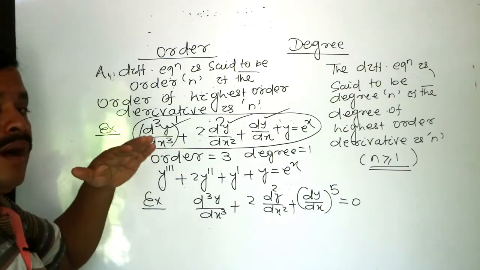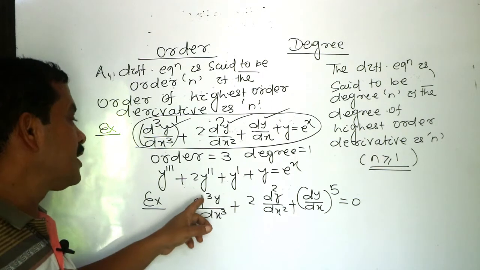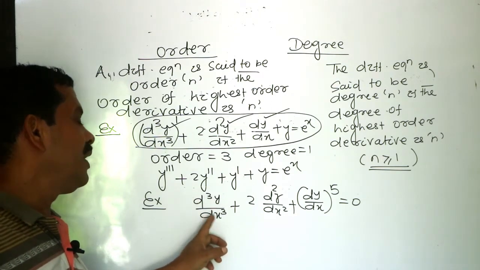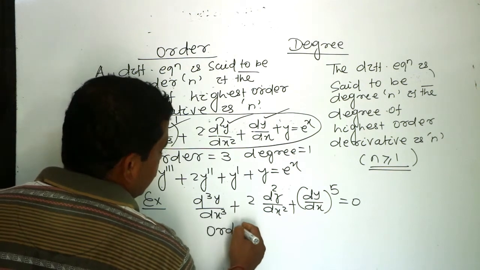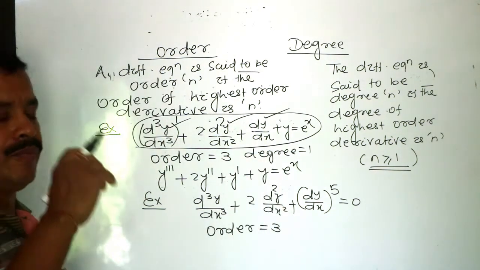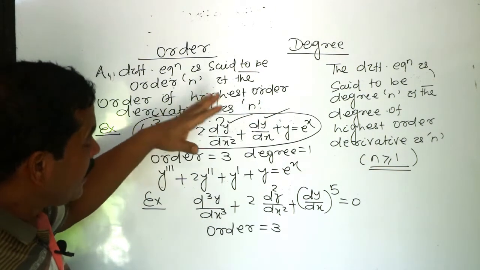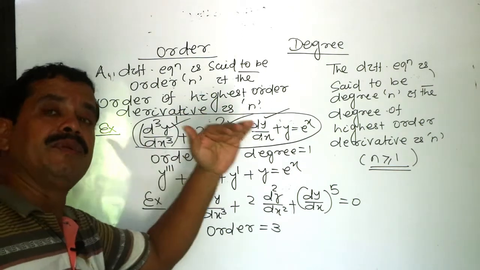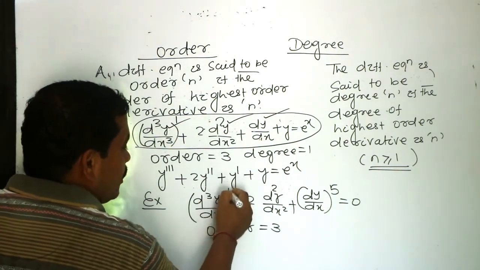Here the highest order derivative is third order, because it is the third order derivative d cube y by dx cube. So the order of the differential equation is 3. Clear? Then what is the degree of the differential equation? We discussed that the degree of the highest order derivative is the degree of the differential equation. Here the degree is 1.